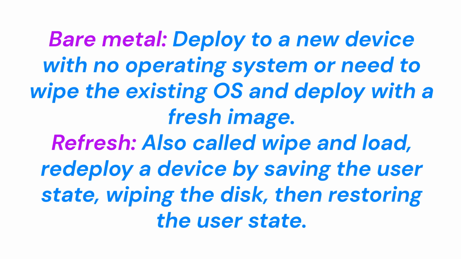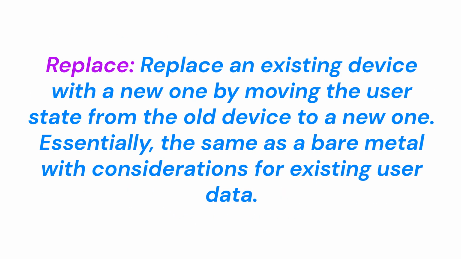Refresh, also called wipe and load: redeploy a device by saving the user state, wiping the disk, then restoring the user state. Replace: replace an existing device with a new one by moving the user state from the old device to the new one. Essentially the same as bare metal, with considerations for existing user data.